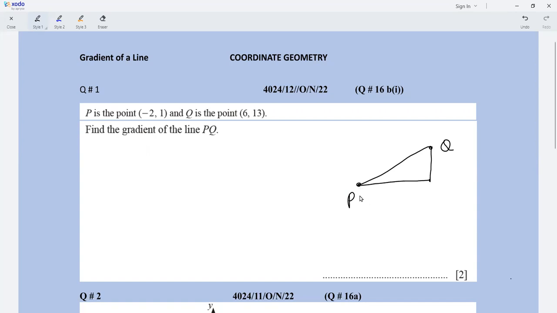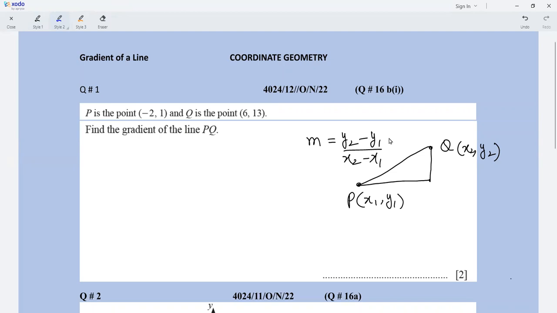If we say the point P, which is the first point we're supposing, has coordinates x1 and y1, similarly for point Q, the coordinates are x2 and y2 because we are taking it as the second point. So the gradient between 2 points is denoted by m, and the formula is y2 minus y1 over x2 minus x1.